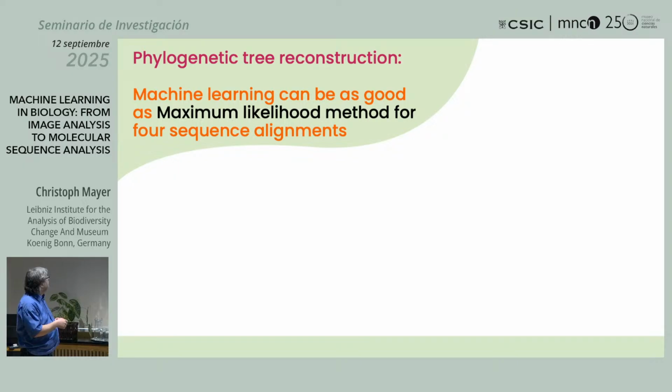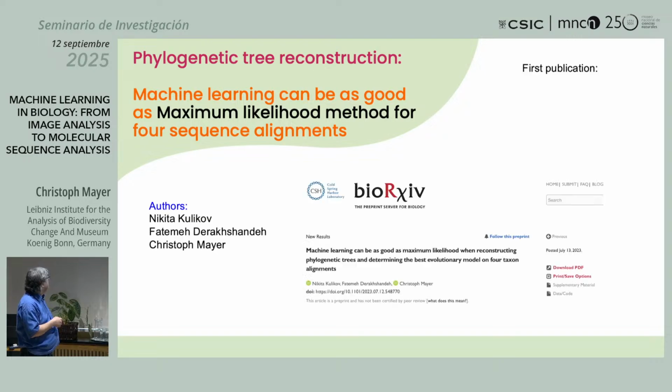We are also using it for, that's not sequence alignment, maximum likelihood method. This is a project with Nikita and Iker. So we already published the methods here a while ago.